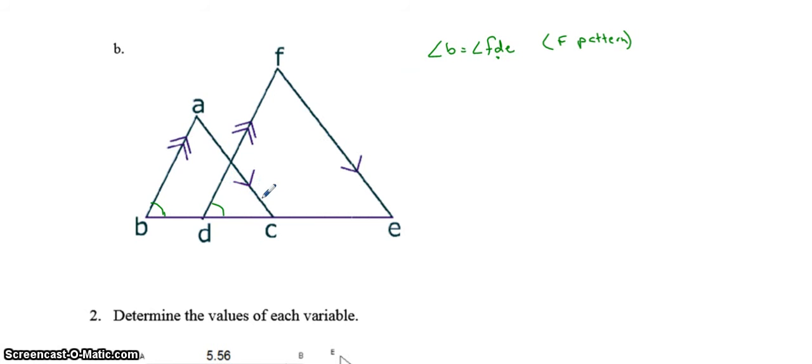It's basically the same as saying angle B is equal to angle D, and that's because of the F pattern. And we also have this angle here in the left triangle is equal to this angle here in the right triangle because of the F pattern. So because C can be here or here, we have to say angle ACB is equal to angle E because of the F pattern.